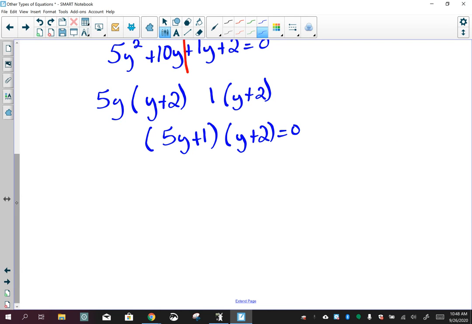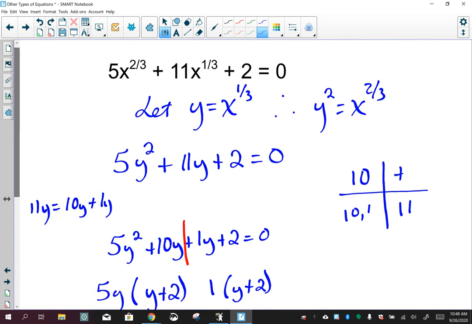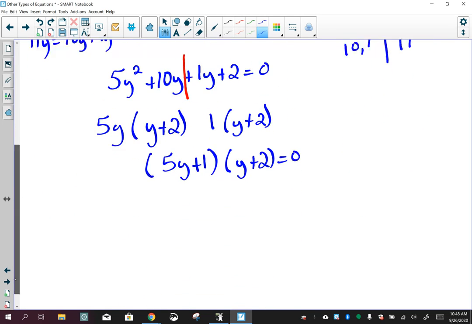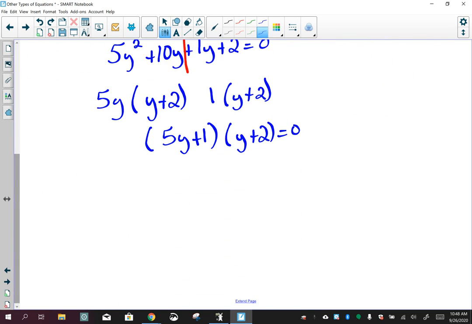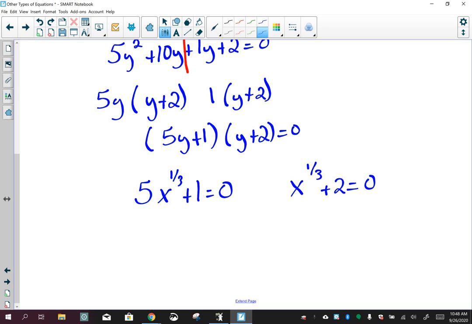And now remember, my y value is x to the 1/3. So I've got 5x to the 1/3 plus 1 is equal to 0, and x to the 1/3 plus 2 is equal to 0.